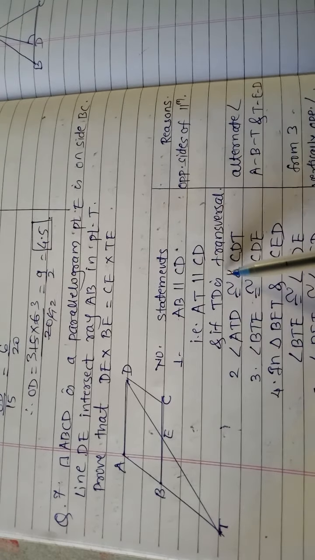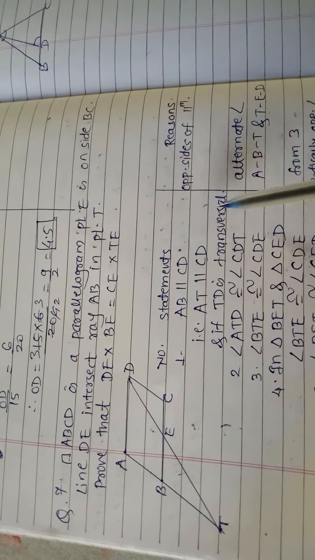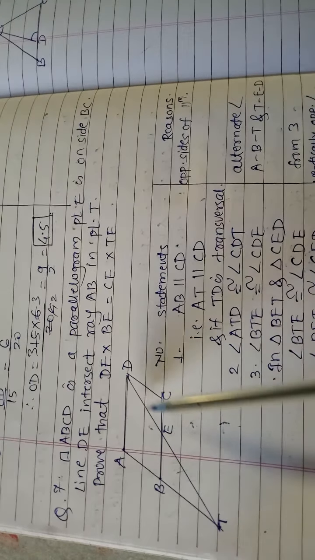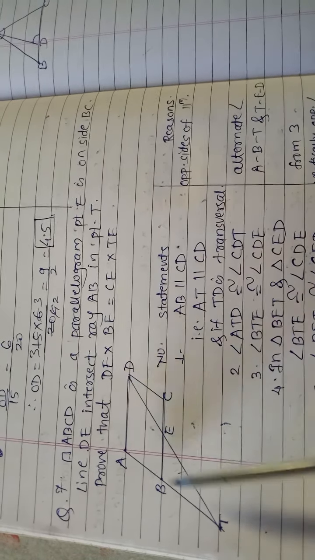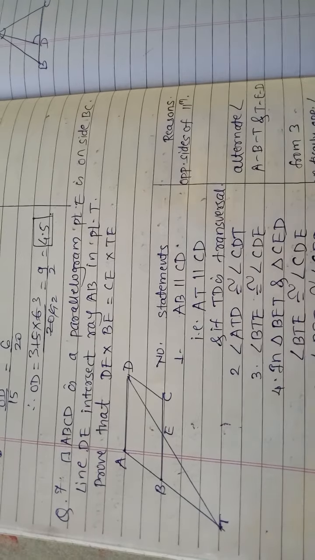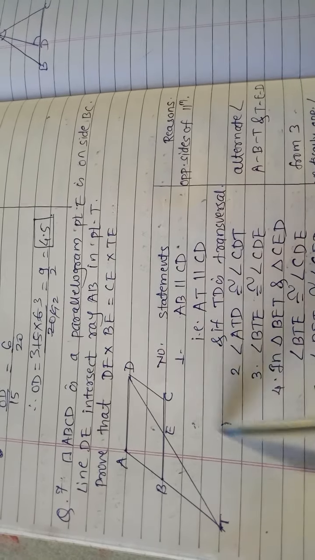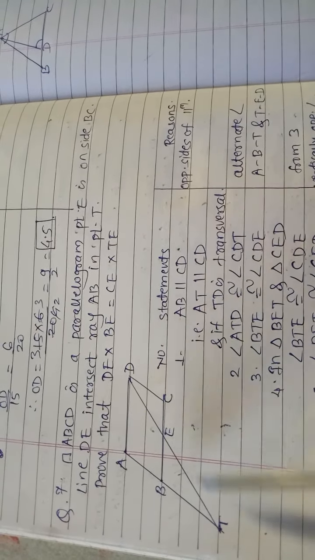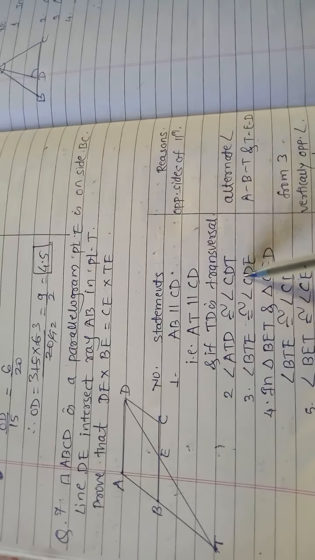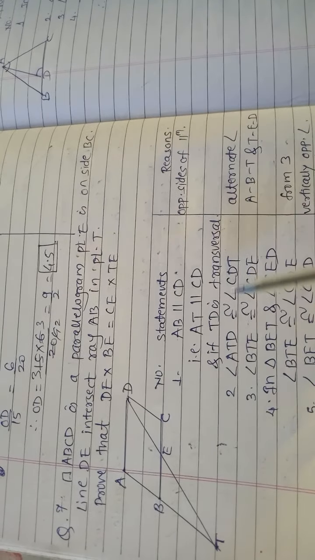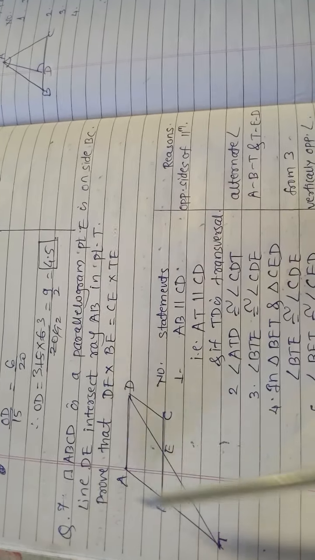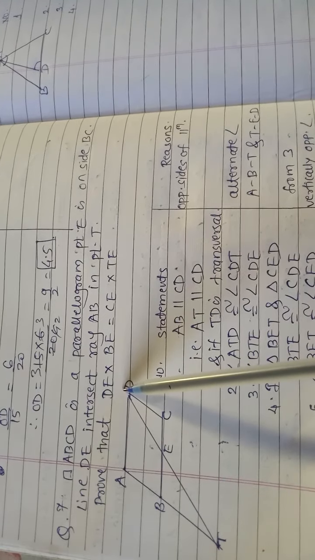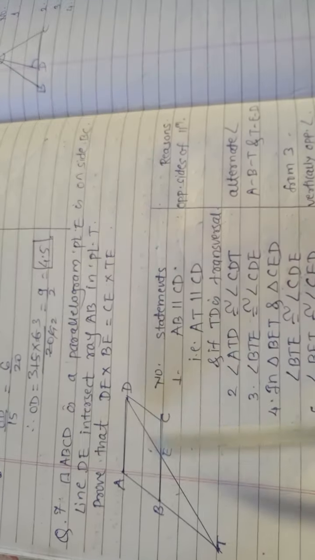Now TD is the transversal. Just imagine that this line is continuing and this line is also continuing. If TD is the transversal, then we can see the alternate angles, that is ATD is congruent with CDT.